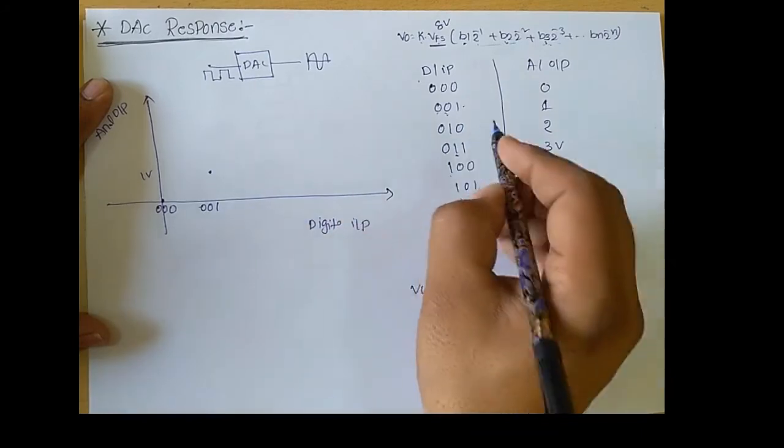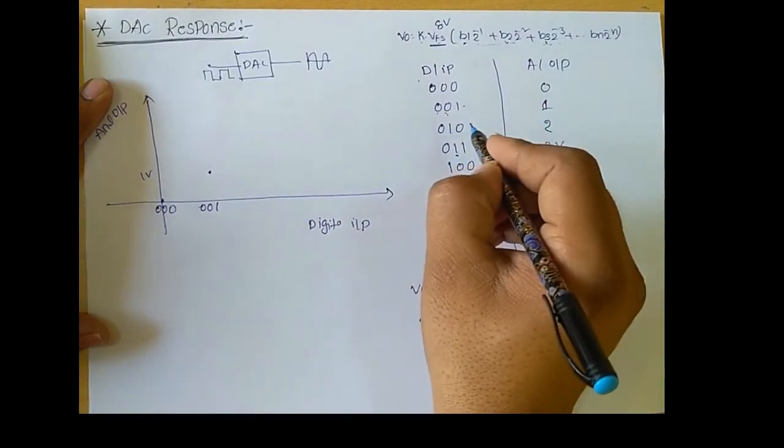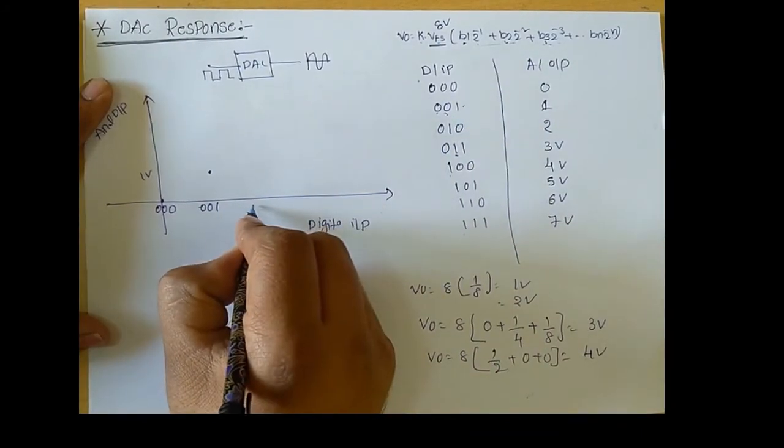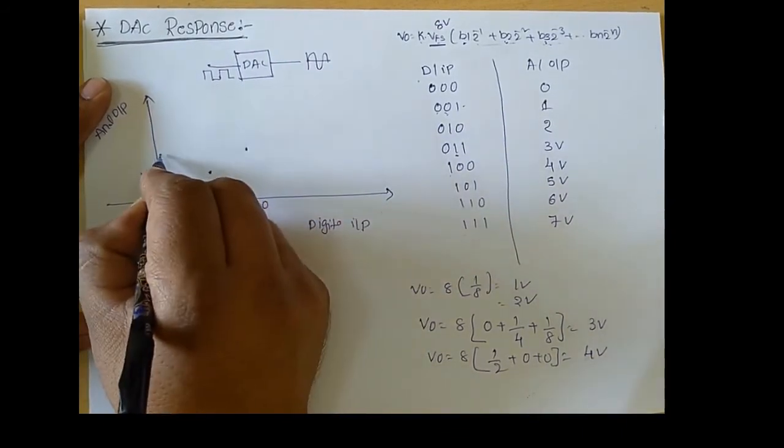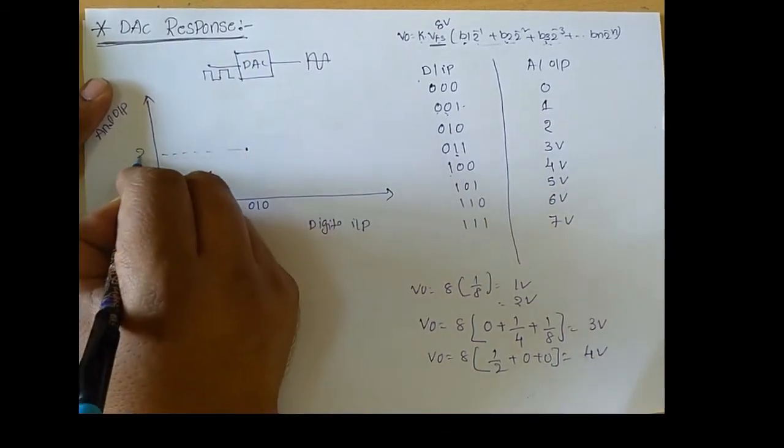Similarly, we give another digital input, 010, and the output is 2 volts. So here we assume this is the 2 volts.